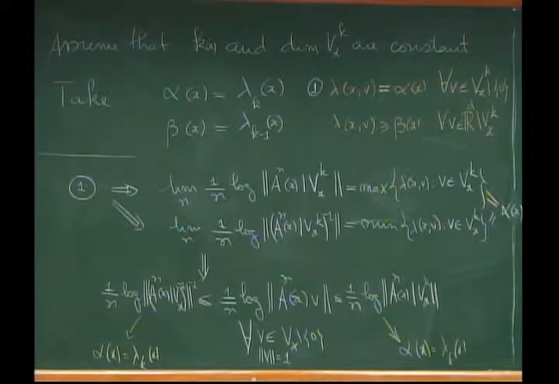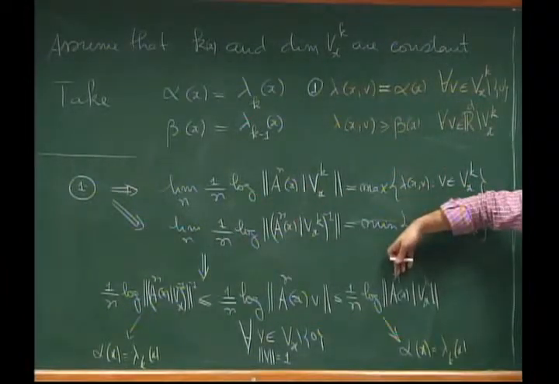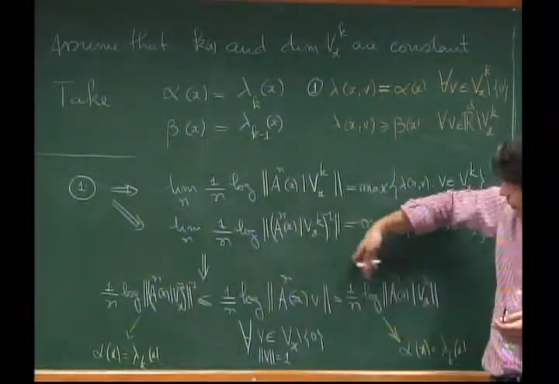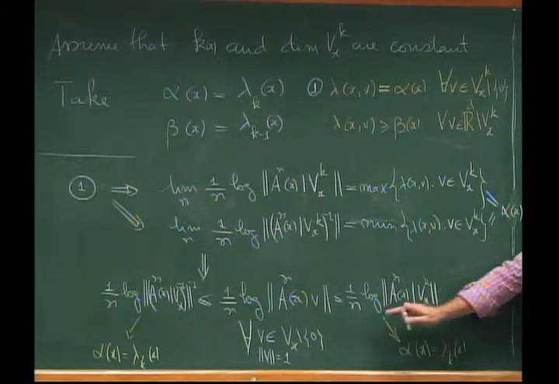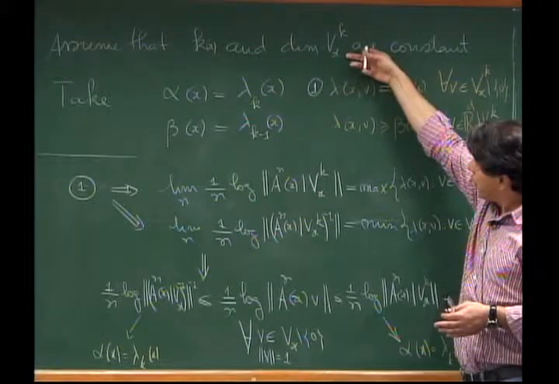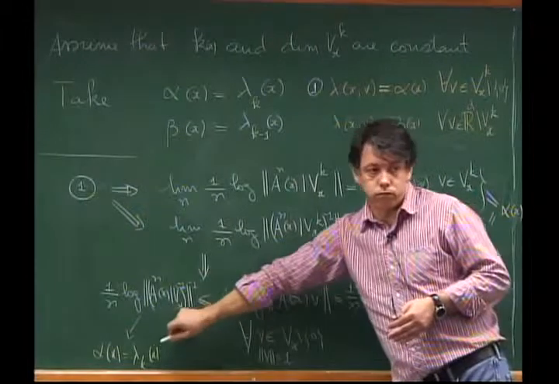Okay? So morally, now I'm telling you the secret, at least the first part of the secret, of how we prove that the limit exists. The limit exists for the norm and the conorm because they give rise to sub-additive and super-additive sequences. And for sub-additive and super-additive sequences, we can use the sub-additive ergodic theorem that says that the limits exist. So this limit exists and this limit exists. In this setting here, for this particular subspace, I even get that the two limits are equal.